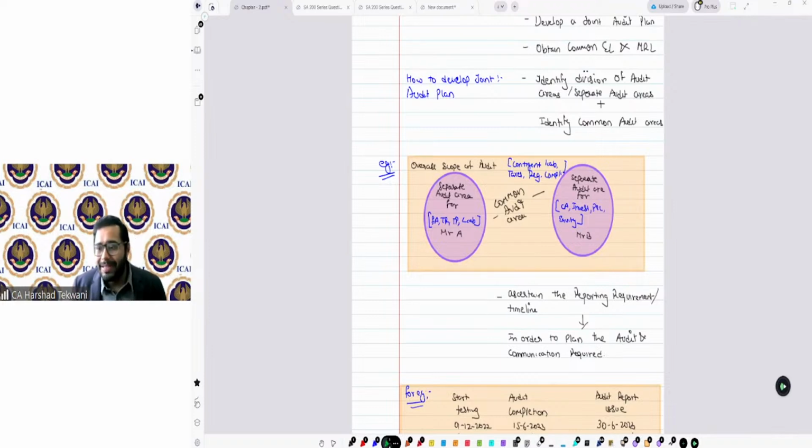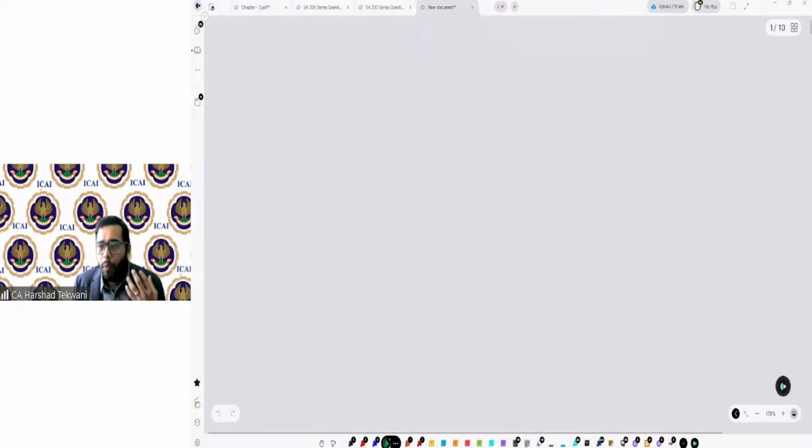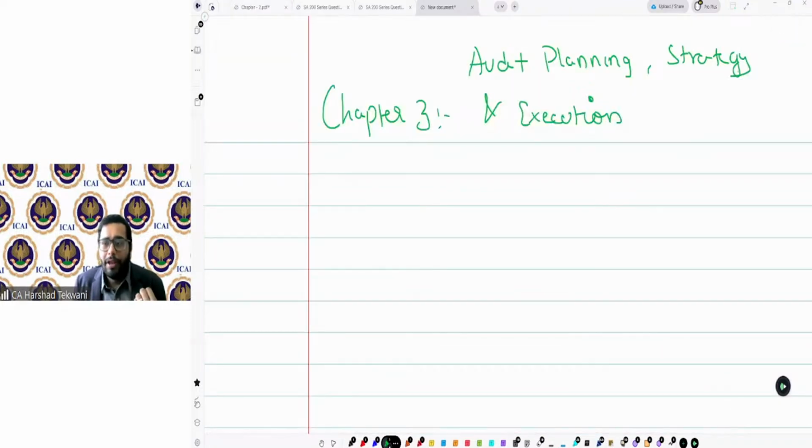Now, we need to understand more in depth what audit planning basically is. Why planning is necessary, what is included in the audit planning. Something in more detail on audit planning that we need to understand.